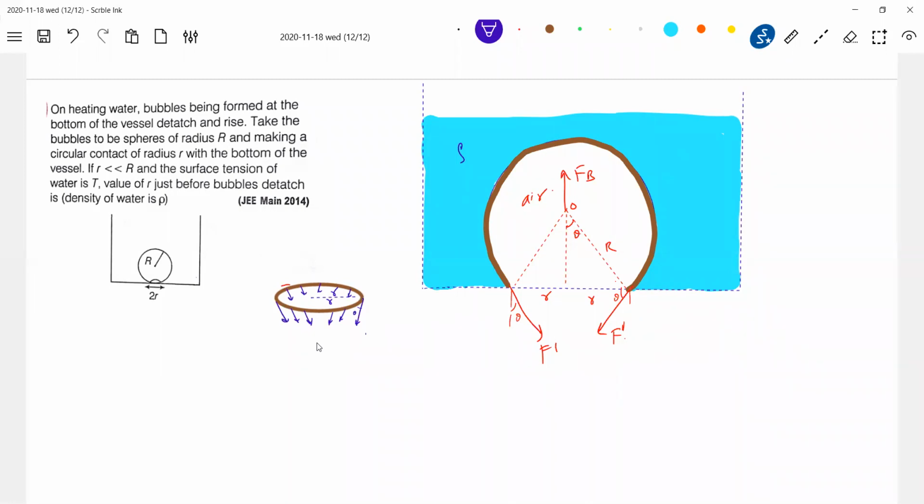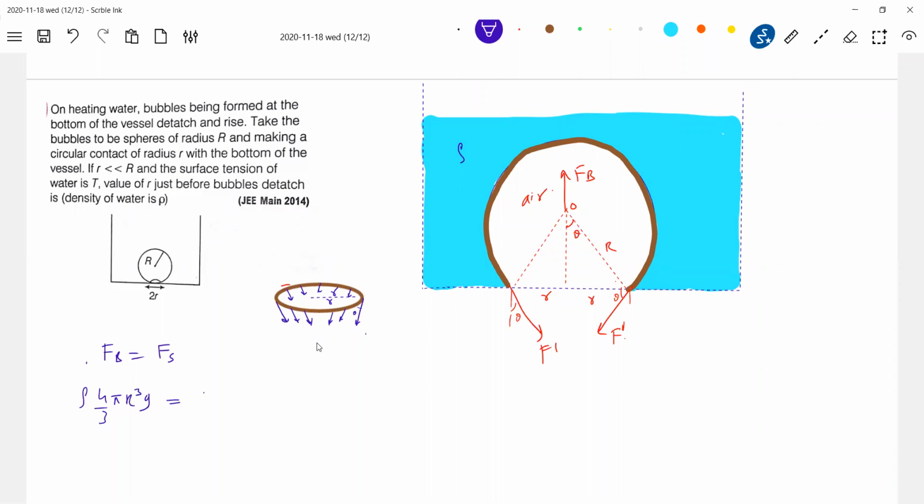So first, what is the force due to surface tension? Let's make it. Under the action of force due to buoyancy and force due to surface tension, buoyancy is how much? Density of water into 4 by 3 pi r cube g. Even this volume of water you can neglect, it doesn't matter, because small r is very much less than capital R. Okay, let's come to the force due to surface tension.